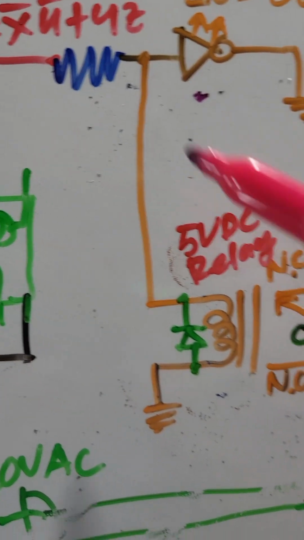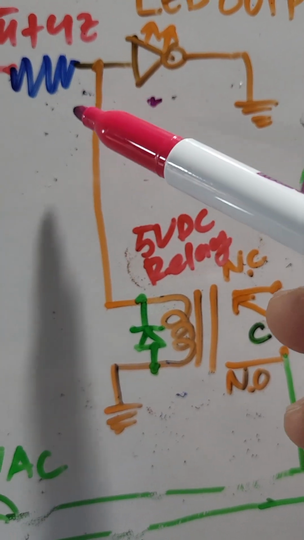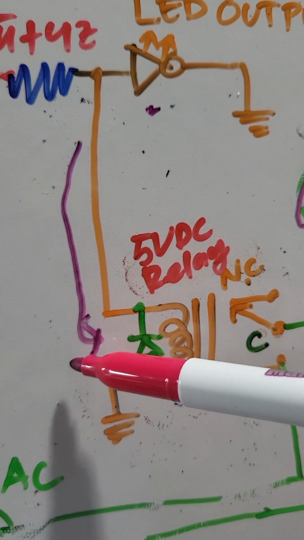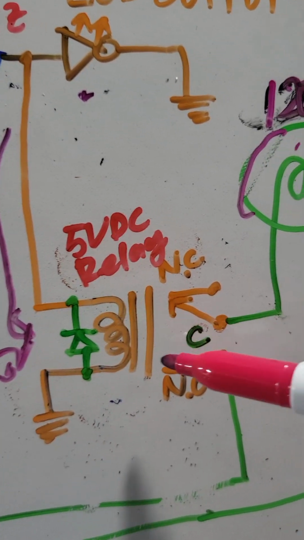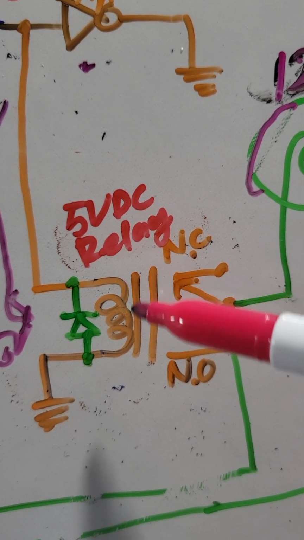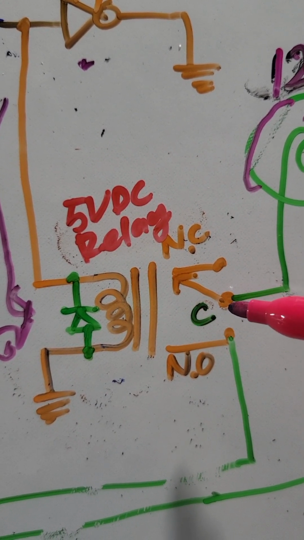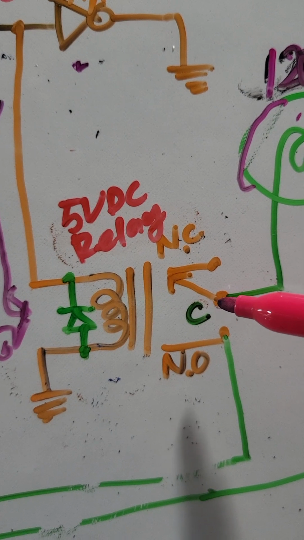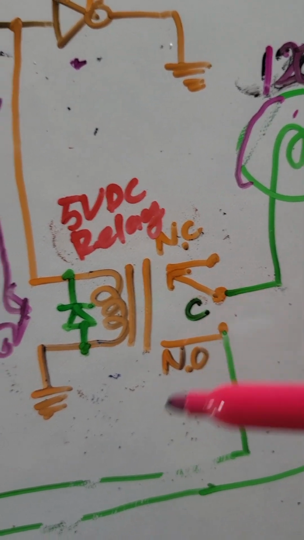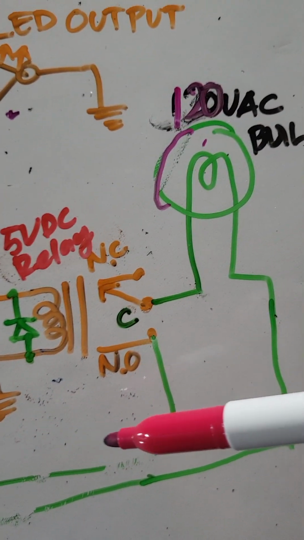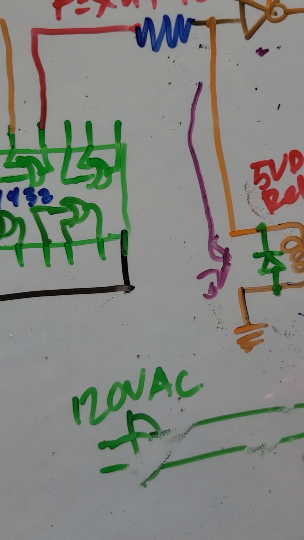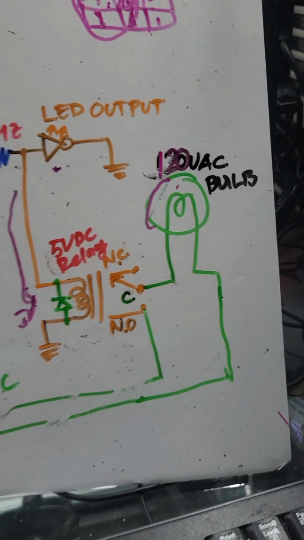Meaning if one goes to this line, one meaning approximately 5 volts, it will trigger the relay. This relay is a 5 volts relay. Then this will change the contact here, normally closed. Then the 120 volts can flow through the relay going to the bulb, then back to the source. Okay, so that's the concept.